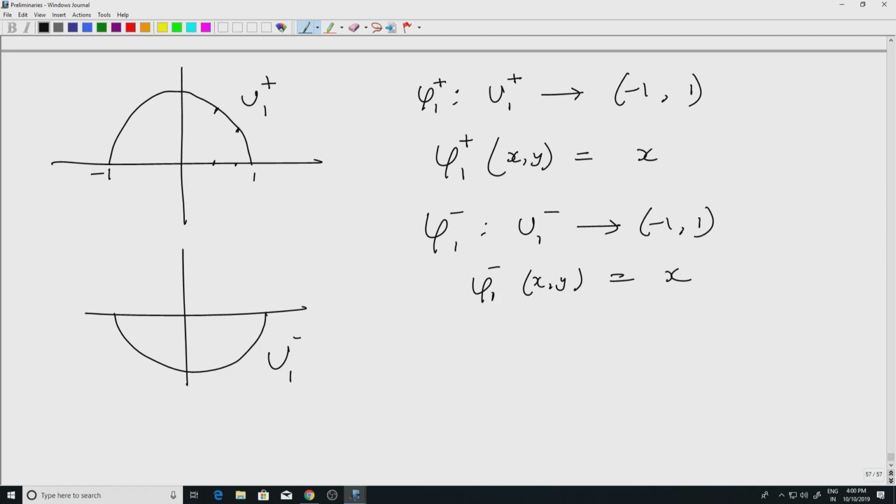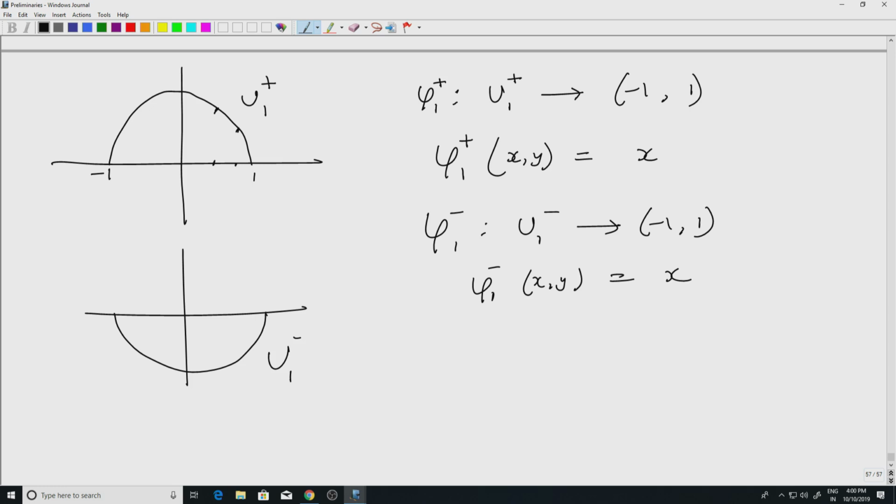So this map phi1 plus is going to map the upper hemicircle to this open interval -1, 1, and this does the same from this to this.